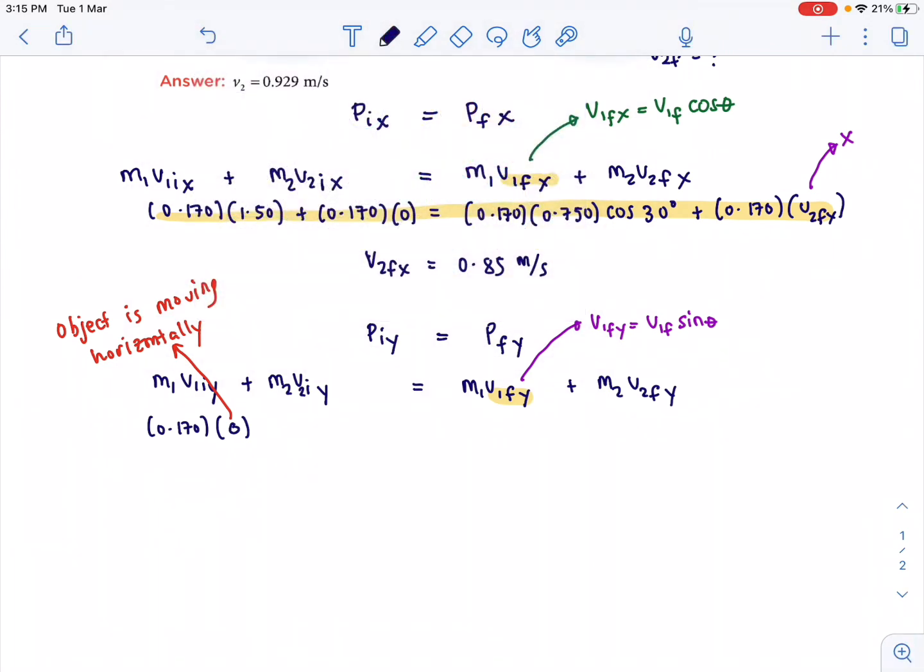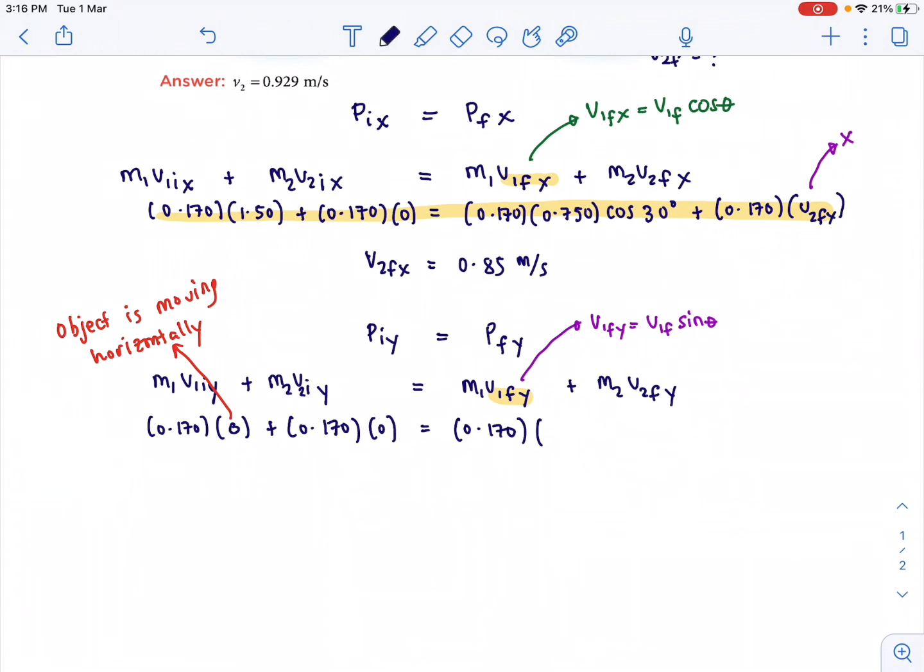Moving on, plus M2, 0.170, times the y component of its initial velocity. But then again, V2 is actually at rest, so I'm going to put a 0 there. Then I have M1, 0.170, multiplied by V1 final y, which is equal to V1 final sine theta.